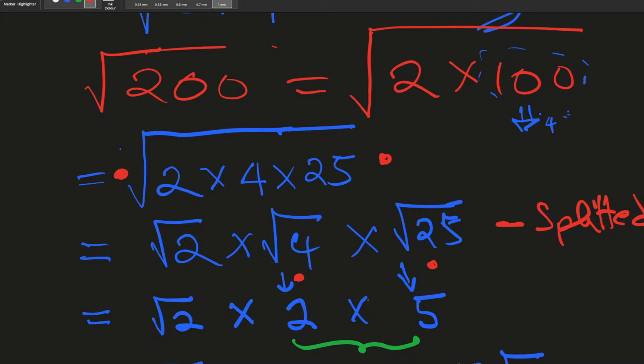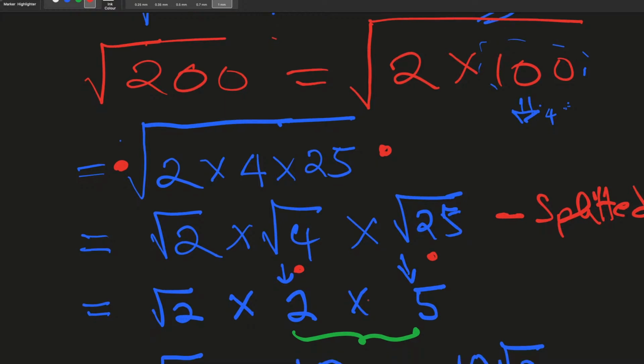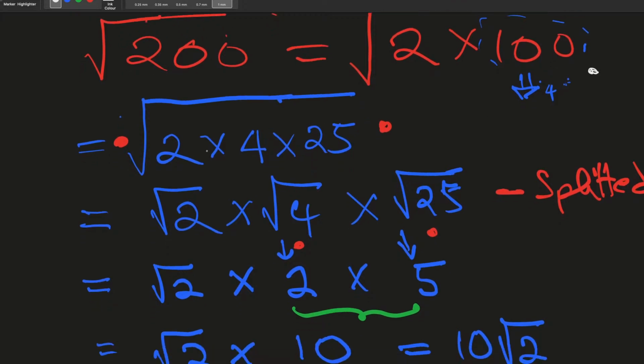Then we multiply 2 by 100, and instead of 2 times 100, we know that the 100 we can break it. When we divide by 4, we're going to get 4 times 25, and we'll put it under the root. So 2 times 4 times 25.